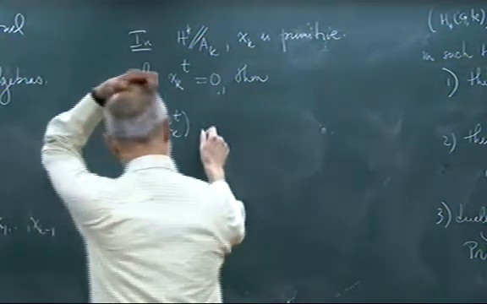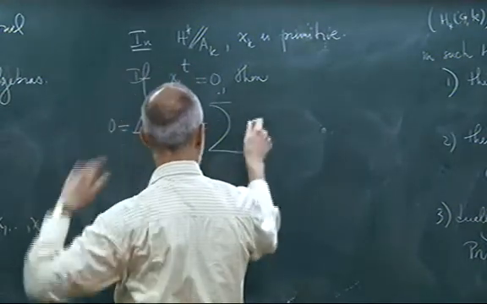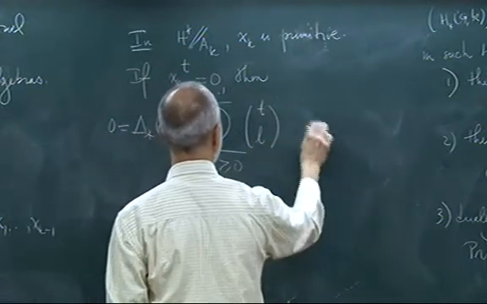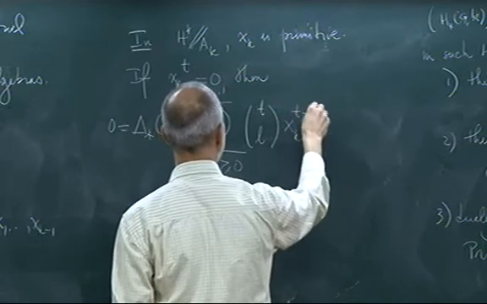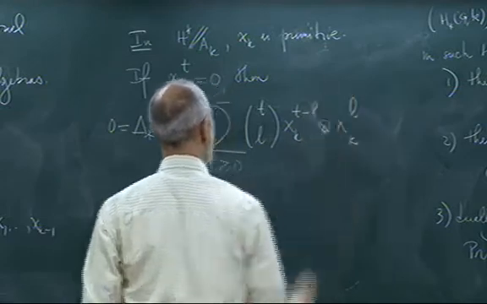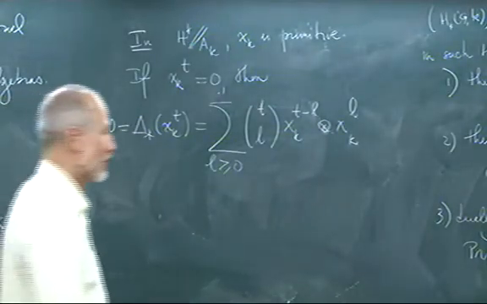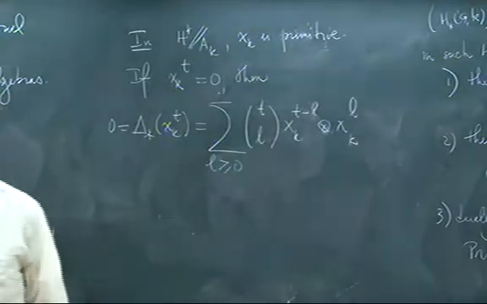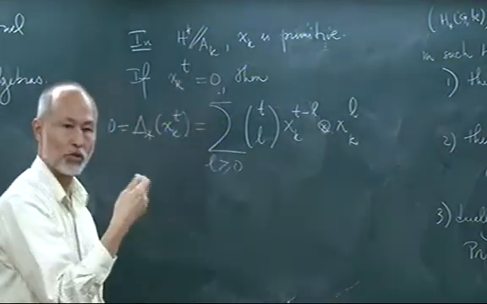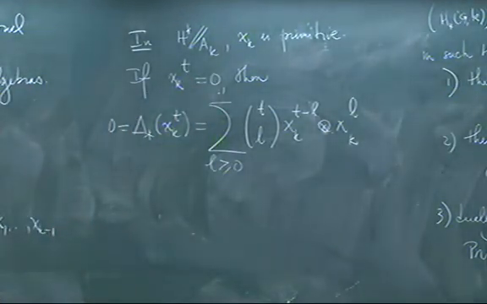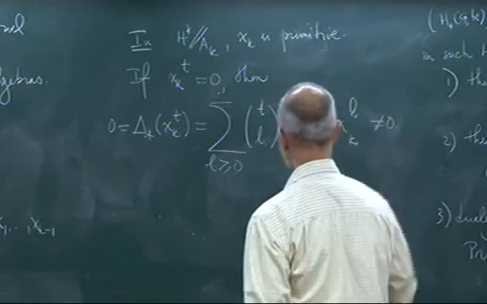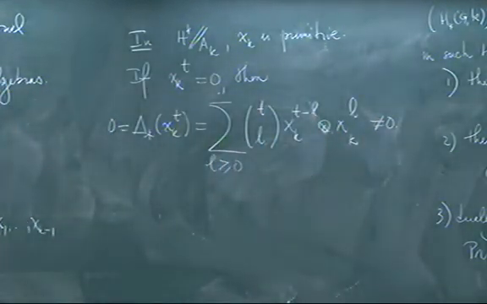But of course, if I apply the coproduct to this power, I'll get the sum over L of t choose L, x_k to the t minus L tensor x_k to the L. And notice that the thing on the right contains non-zero expressions. If I take, for example, t to be the smallest height where this vanishes, then many of these things that are added up will be non-zero, and of course this is a contradiction.